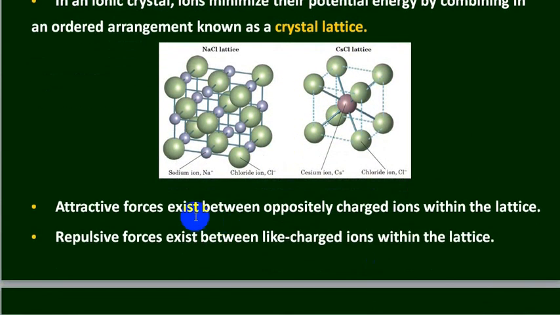So an attractive force exists between oppositely charged ions within the lattice, between positive and negative ions. And a repulsive force also exists between like-charged ions, like this negative and this negative, there is a repulsion force between them. So we have attraction force and repulsion force.